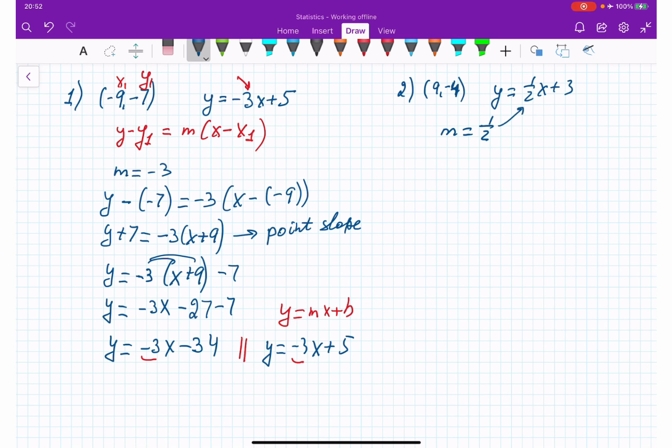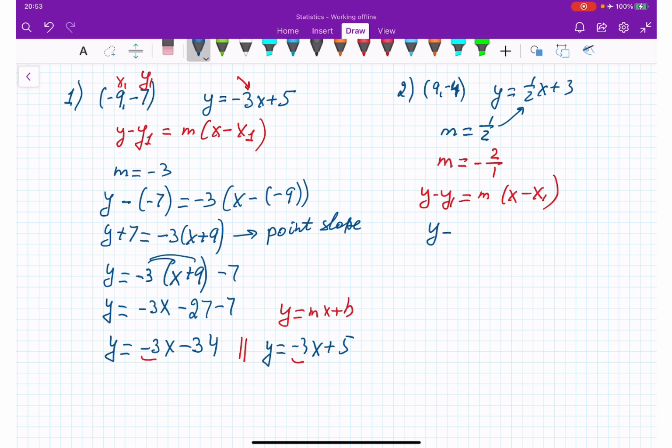Okay. When we have perpendicular graphs, for lines to be perpendicular to each other, their slopes have to be negative reciprocals, which means if the m for this equation is 1/2, then the slope for the perpendicular line is going to be the reciprocal, which is 2/1, and negative. Okay, so from here, using y minus y1 equal m times (x minus x1), I'm going to plug in values.